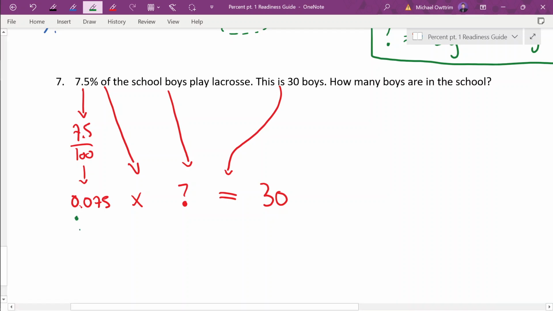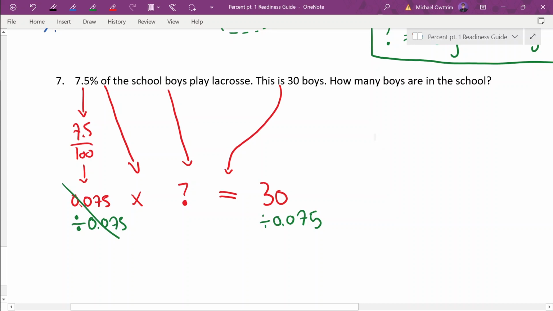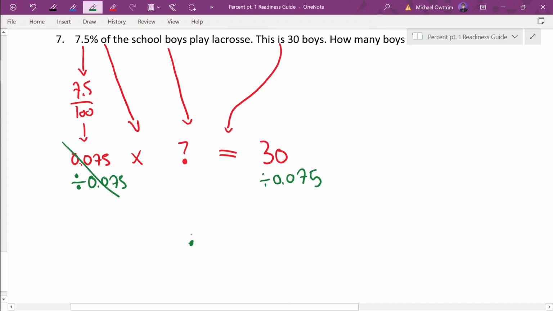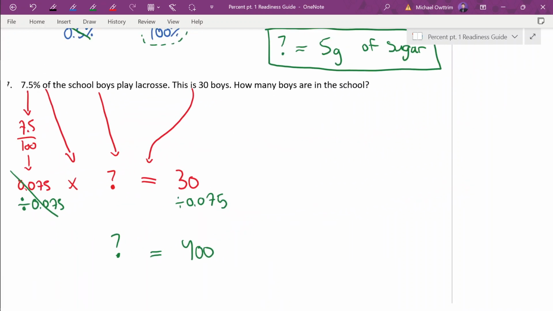We're going to divide both sides by 0.075. Our 0.075s will cancel on the left side of the equal sign, so question mark equals whatever that calculation is on the right side. I can use my calculator to help me. 30 divided by 0.075 gives me 400 boys attending the school.